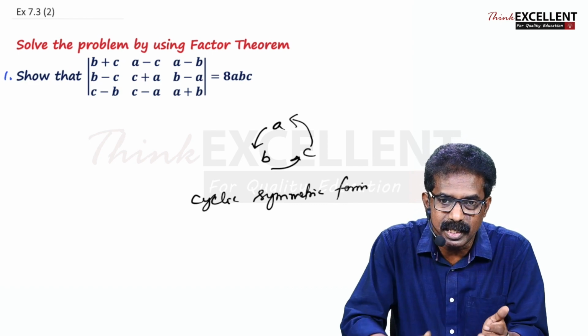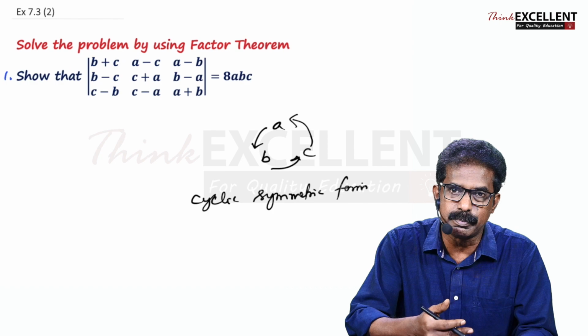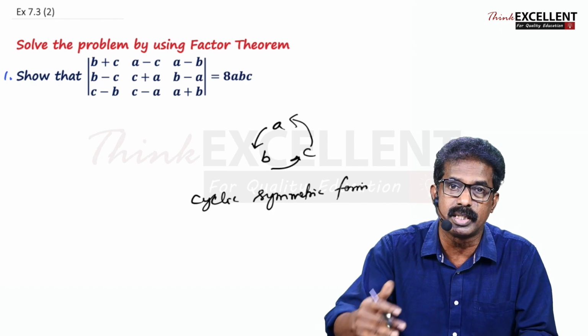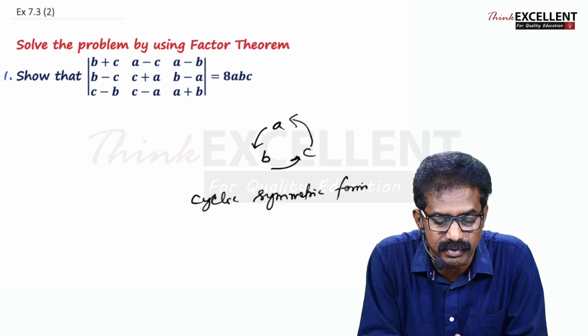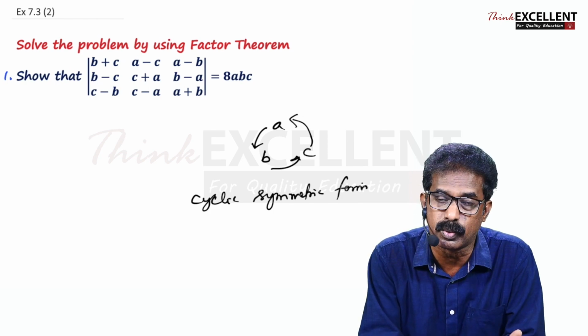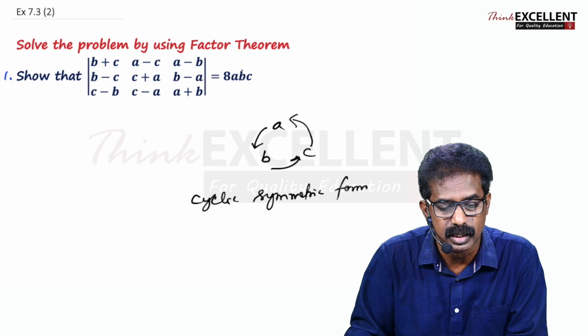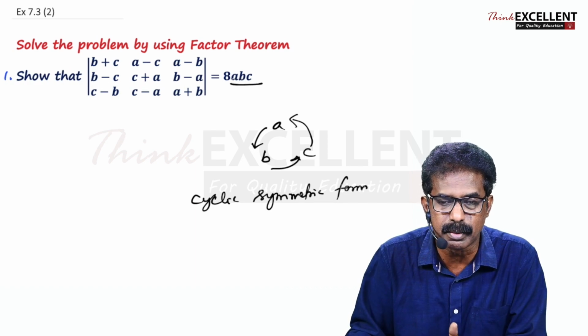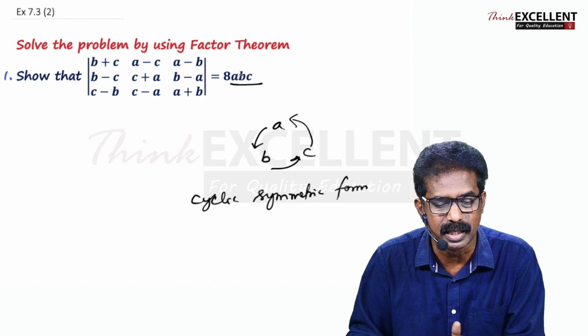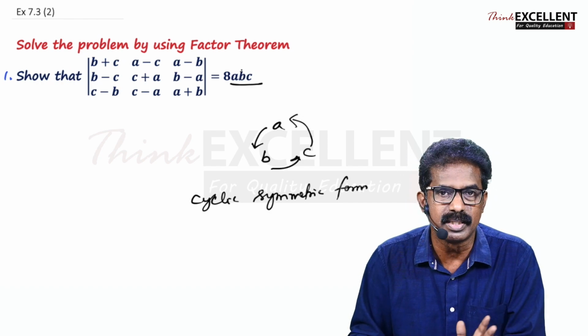Meaning if you rotate, a changes to b, b changes to c, c changes to a, and there is no change, then we call that form cyclic symmetric form. The right side also, a, b, c: if you change cyclically, a becomes b, b becomes c, c becomes a, then once more, everything is the same.